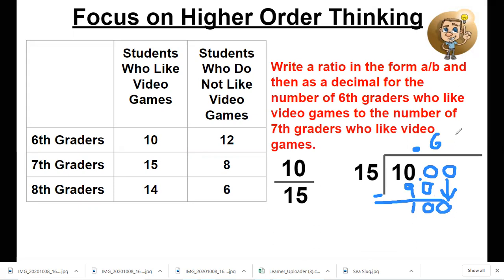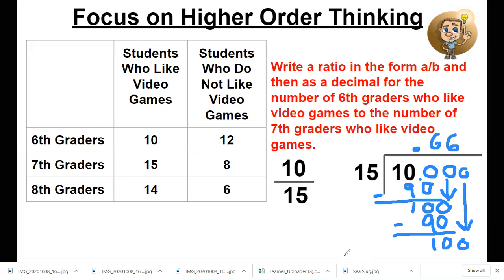We figured that out, and we decided it was 6. 6 times 15 is going to give us 90. And we're going to subtract 100 minus 90 is going to give us 10. We still don't have a remainder. However, if I were to put another 0 here, and bring it down, I'm back to 100 again. Notice what's happening.